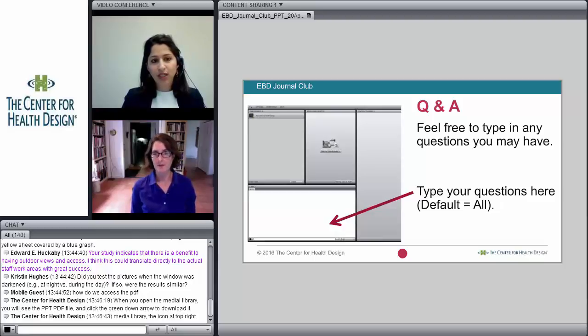Since the survey was long enough, and when I received 1,000 completed surveys I was so amazed, because these are people who are busy and don't have a lot of time, and I really wanted to focus on the environmental features for staff break areas, I didn't include any of those validated instruments for evaluating and measuring staff stress.